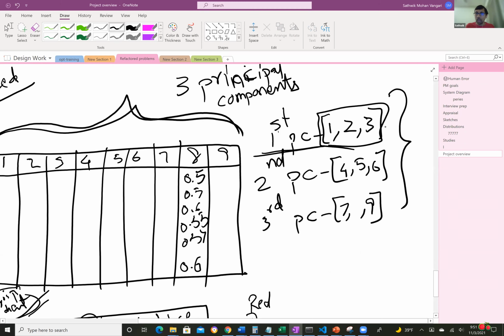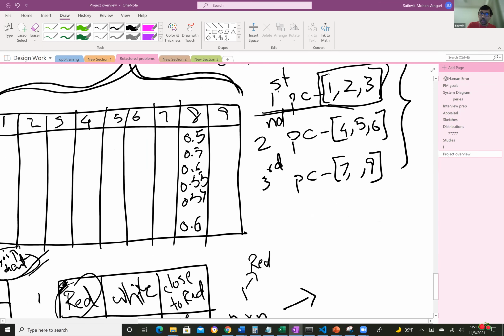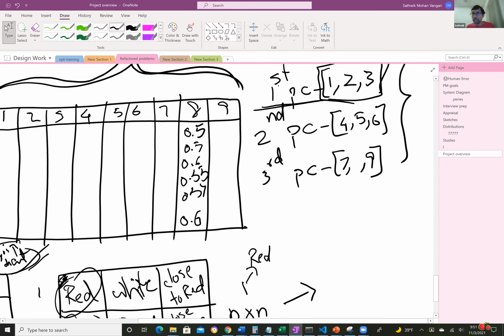It's taking 1, 2, 3 as one principal component, 4, 5, 6 as another, and 7 and 9 as a third principal component. My multi-dimensional data set, my 9 predictors, have been shrunk to 3 principal components, which can be used as predictors.